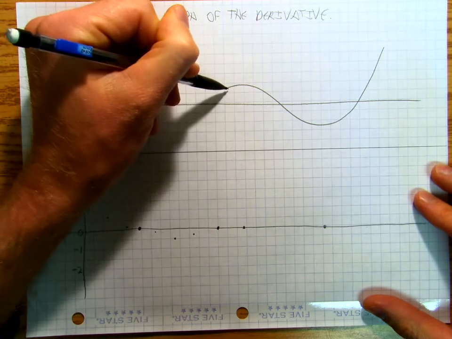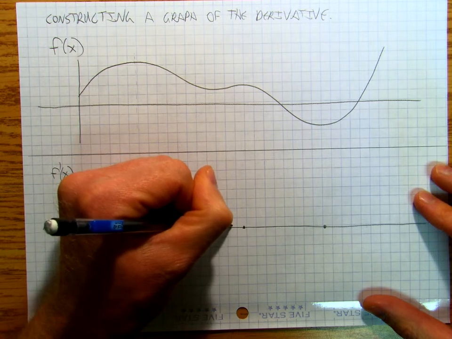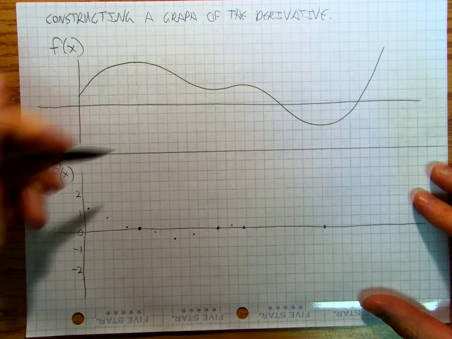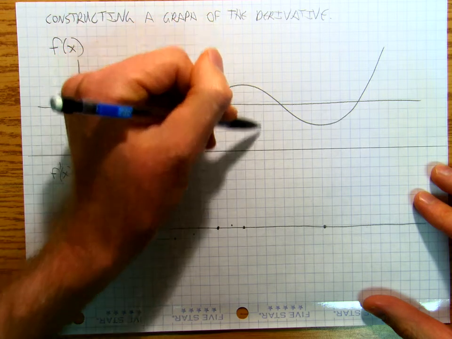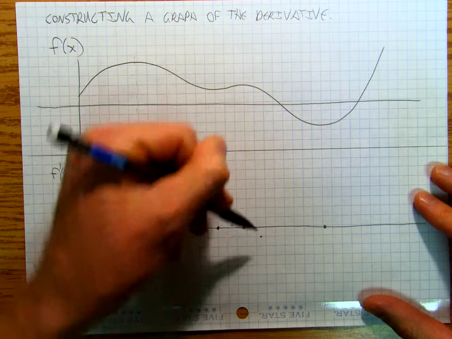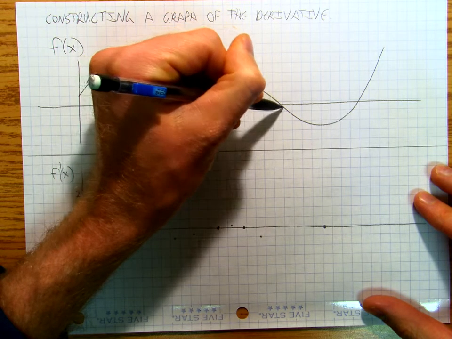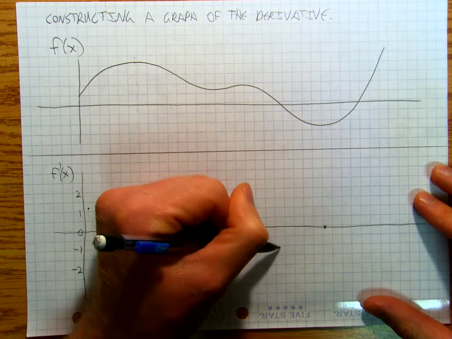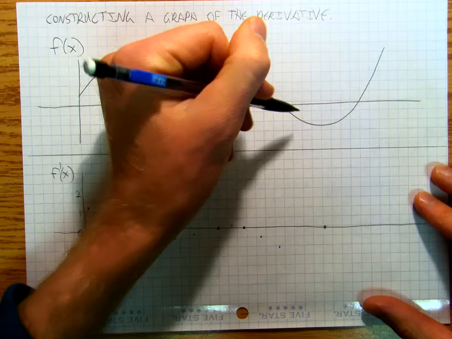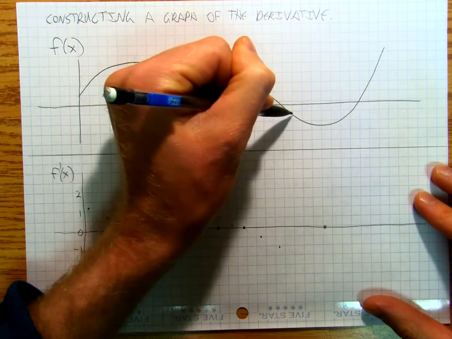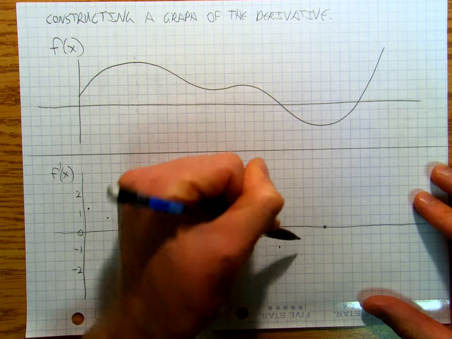And then right in this area, it's probably only going up by a tiny little bit. Down here, it's going down about negative 0.5. Right there, it's a little bit more than 1, going down negative, a little bit more than 1. Right there, it's going about negative 0.6, something like that.